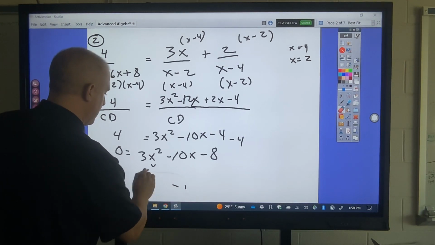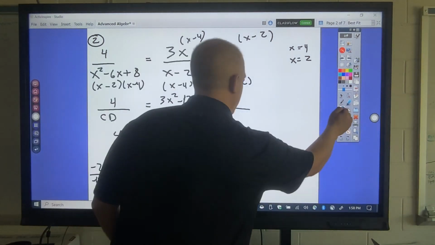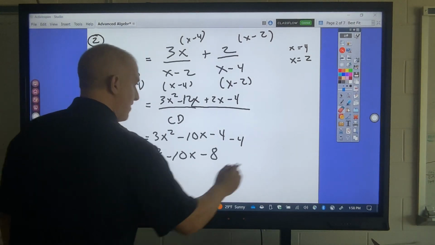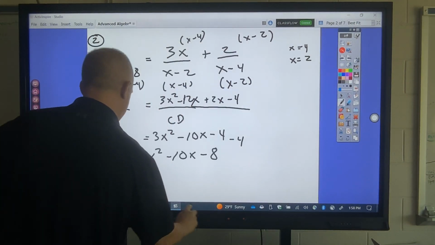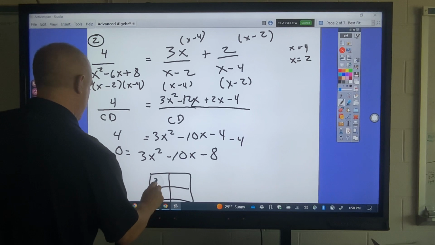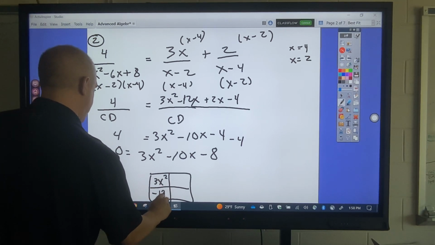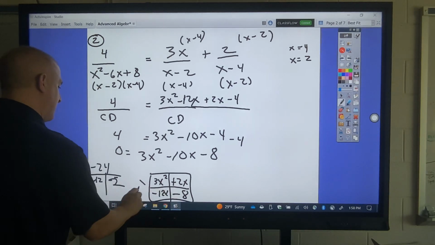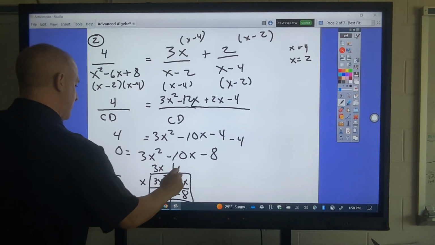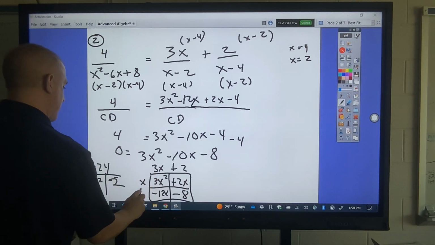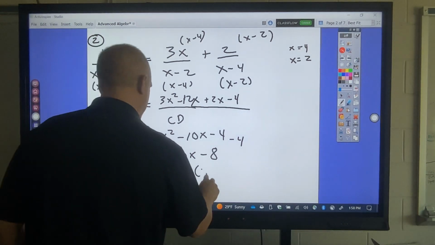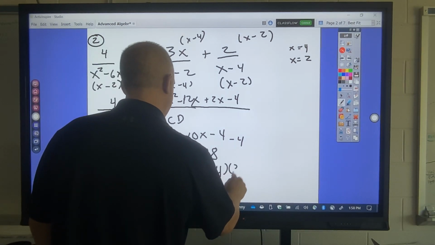I wrote sloppily and then couldn't read my own writing. So what I have here, sorry, is 3x squared minus 12x plus 2x minus 8. So that would be x times 3x, x times 2, 3x times negative 4. So my factors are x minus 4 and 3x plus 2.